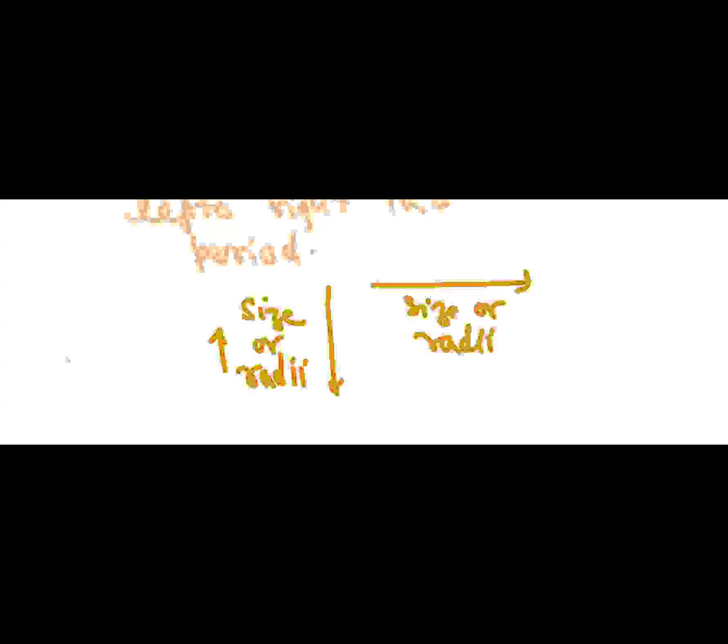Understand, mera bacha? So what conclusion can you make? From top to bottom, size or radii increases, and from left to right, size or radii decreases. Any problem, mera bacha?